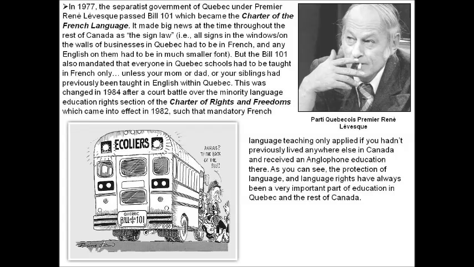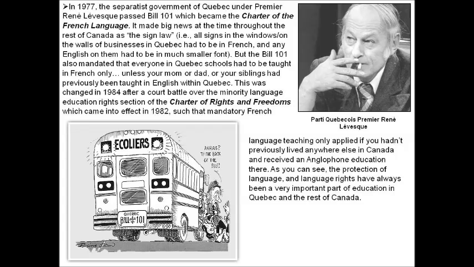But Bill 101 also mandated that everyone in Quebec schools had to be taught in French only, unless your mom or your dad or your siblings had previously been taught in English within Quebec.